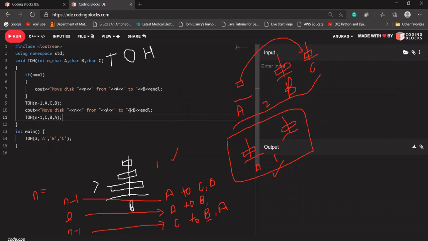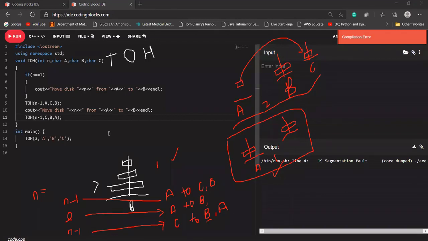I have transferred n minus 1 to C, the one left was transferred to B itself, and now I'm saying transfer the disks from C to B with the help of A. Now I should be getting the answer. It is as simple as that.